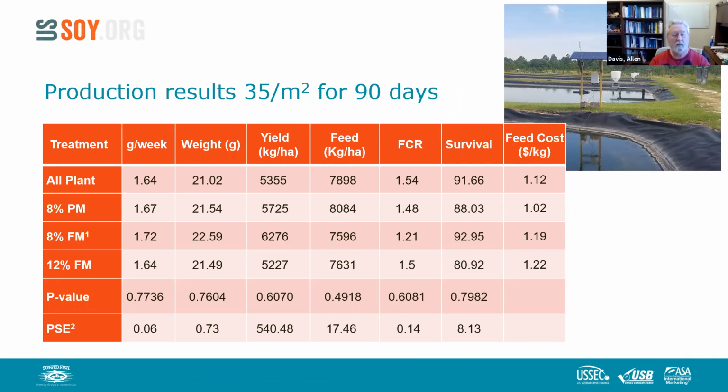This is very clean data, 4 replicate ponds for all the data. Well, a couple ponds have 3, but good data, good production, good feed conversion, survivals, and so we didn't see any major differences across these protein sources, but we felt that the all plant diet, of course, could still be improved.